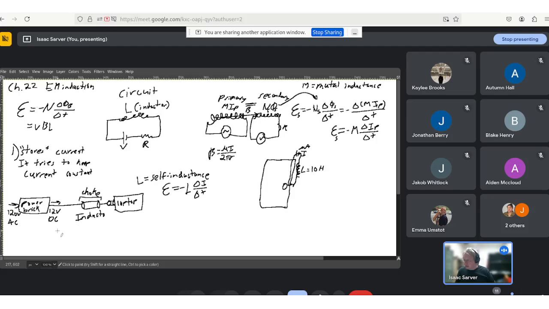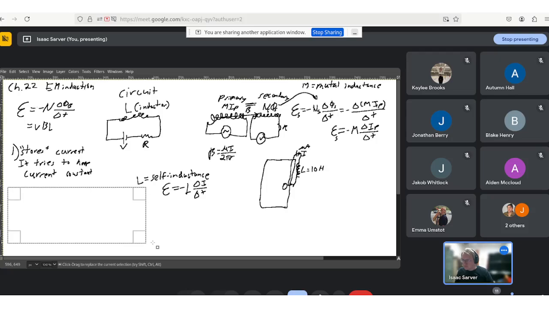The other purpose of an inductor is to store energy. And so the energy stored in an inductor, E, is equal to 1/2 L i squared.